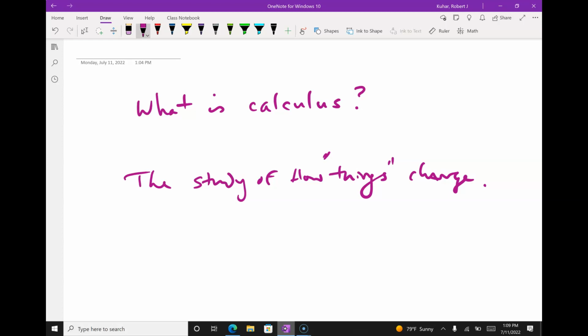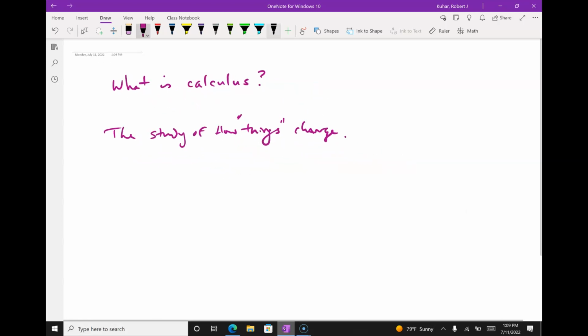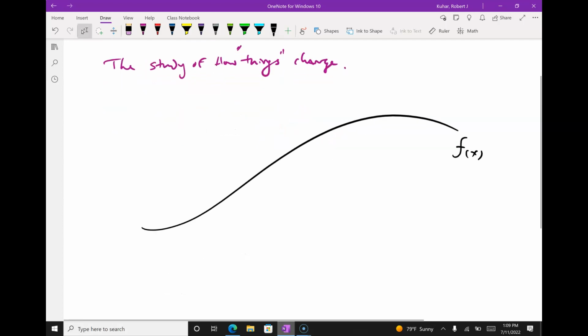So the study of how things change. So what do we calculate the slope of in our early math years? What do we calculate the slope of? A line. So our general picture of what we're looking at is I have some function f of x, right?